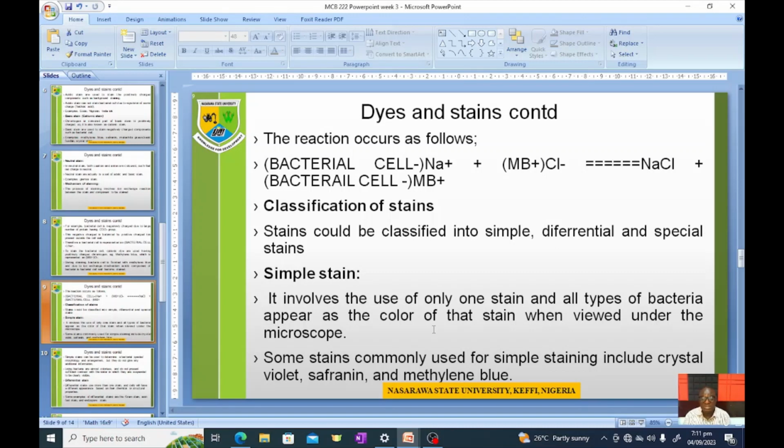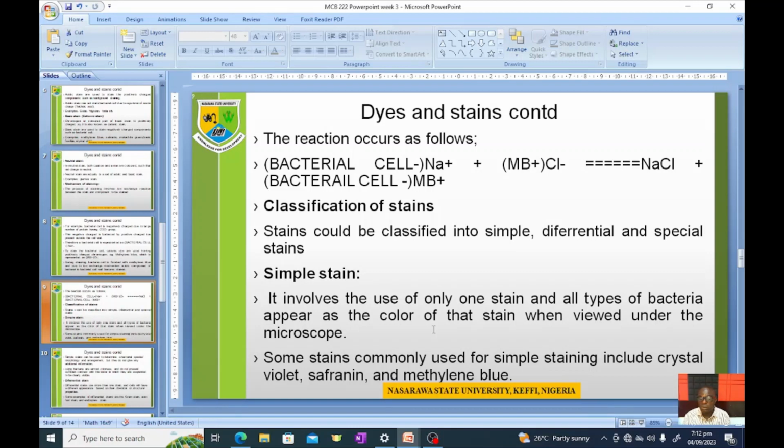Simple stains involve the use of only one stain, and all types of bacteria appear as the color of that stain when viewed under the microscope. Some stains commonly used for simple staining include crystal violet, safranin, and methylene blue.